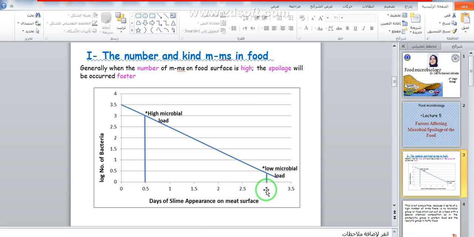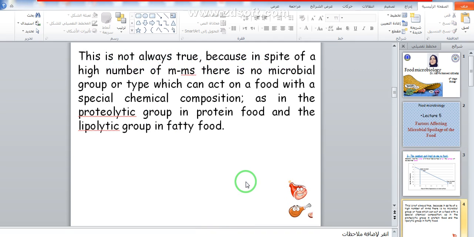But it's not always true. This is not always true because, in spite of a high number of microorganisms on the food surface, these microorganisms must have the ability to consume that food.